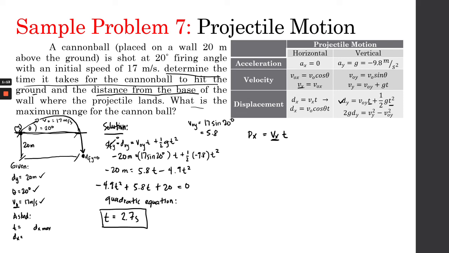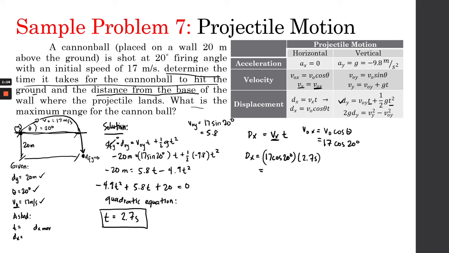And we know that Vx is actually equal to the initial velocity on the horizontal, which is Vox. And we know that Vox is equals to the initial velocity cosine theta. The initial velocity is 17 cosine 20 degrees, which is the angle of firing. So dx is equals to 17 cosine 20 degrees multiplied by 2.7 seconds.